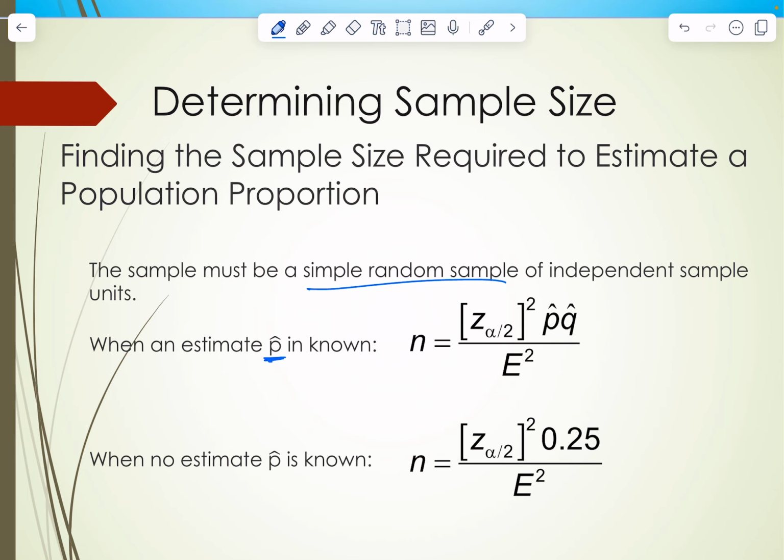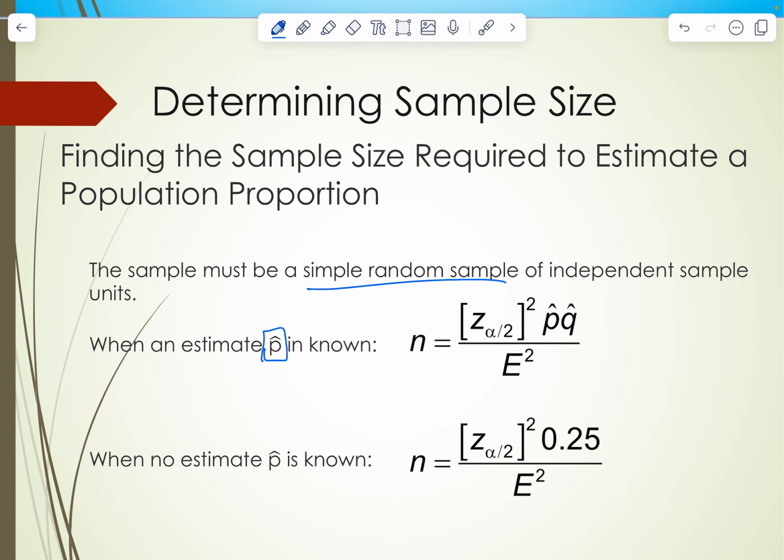So remember, if you're trying to find a sample size, you probably haven't conducted a sample yet. This is something you do before you take the sample. And so it's not uncommon that p hat will not be known.